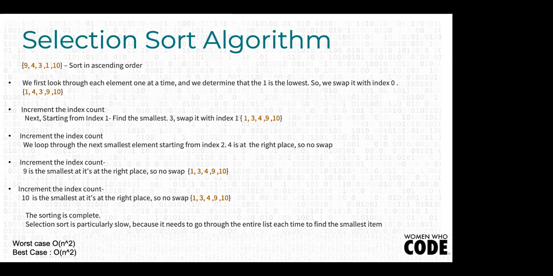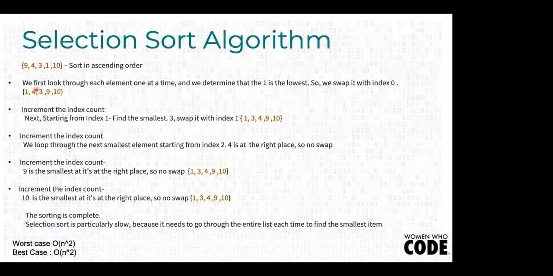You have 9, 4, 3, 1, 10, and that needs to be sorted in ascending order. You look at one element at a time and determine which is the lowest element, and you swap it with the first, with index 0. And here we have a pointer to keep track of the index to go over the array.